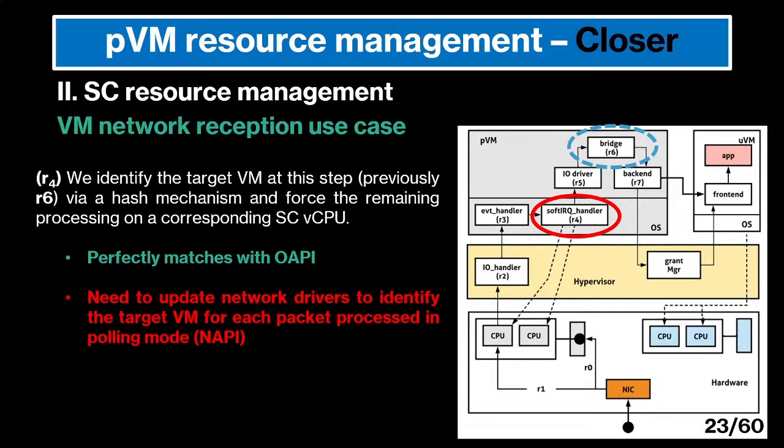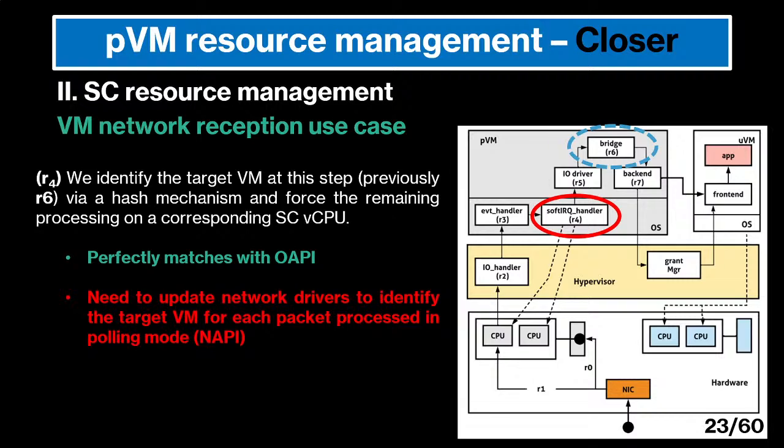At step R4, since there's the softIRQ that is scheduled and that needs to process the packet information and send it to the target virtual machine, what we want is that this processing should be done on the virtual CPU which is close to that of the virtual machine.